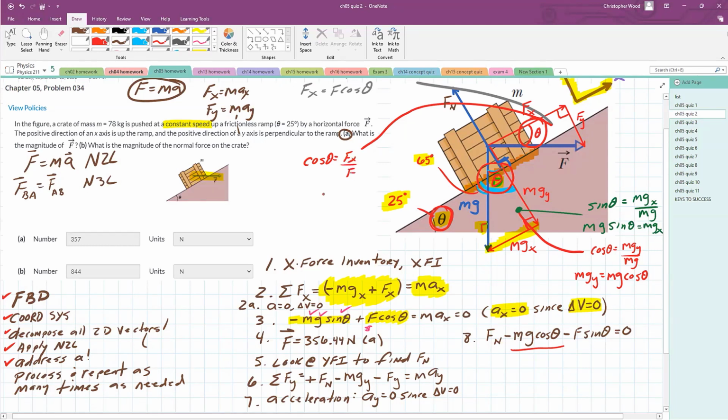And that's why I'm saying fx can be written as f cos theta. So that's where this comes from. And it's negative because, again, it's going downward. Except, oop, mistake. Mistake. Let me erase this. I'm on the y force inventory. Yeah, I'm doing a y force inventory. So let me erase this.